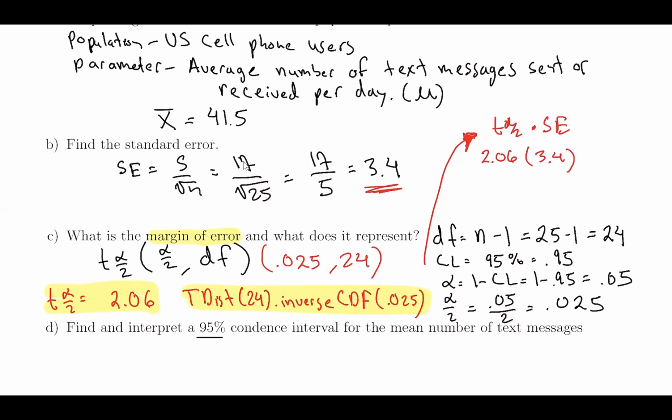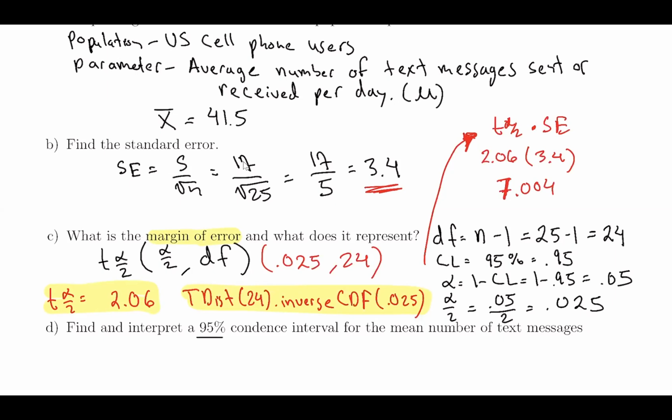I'm not going to do that in ClassCalc, I'm going to do that in my calculator. So you go 2.06 times 3.4, and you get 7.004. All right, so that's my margin of error.